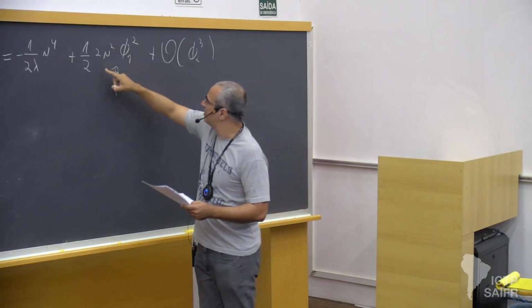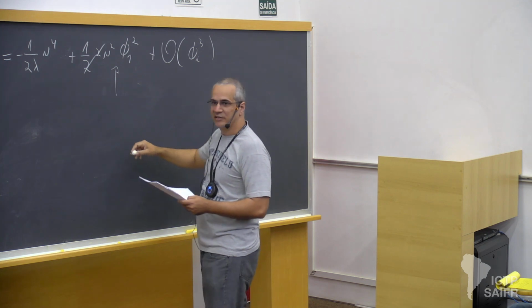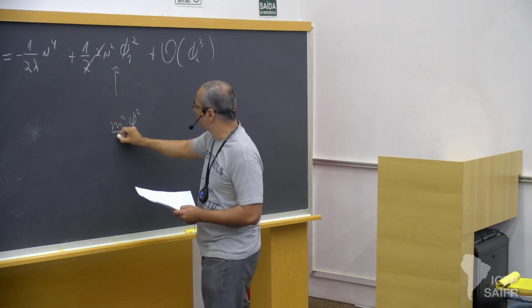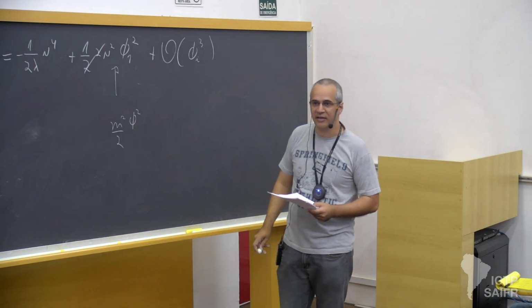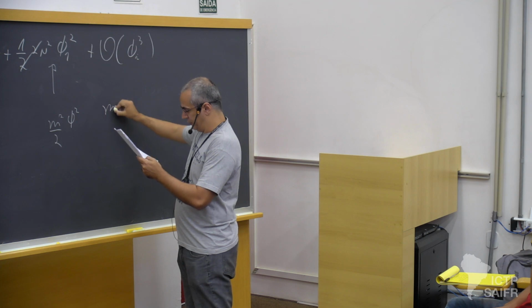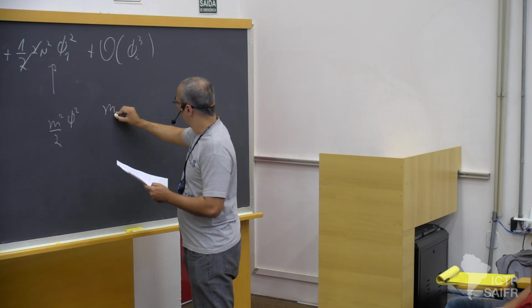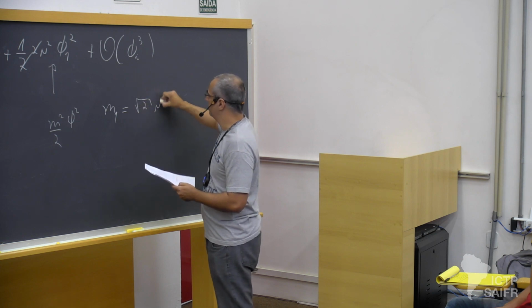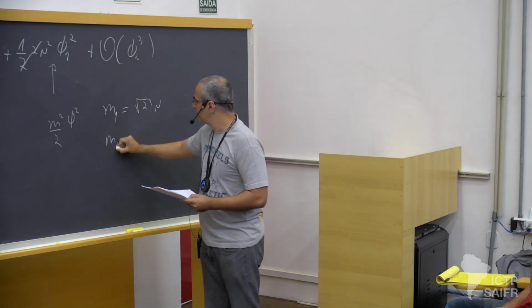So the mass of this guy, if I do some cancellations here, and remember that we have defined mass in a way that the normalization for mass is usually like that, I'm missing that factor 2 here, so the mass for phi 1, let's call it mass 1, is square root of 2 mu. But the mass for the second guy is 0.